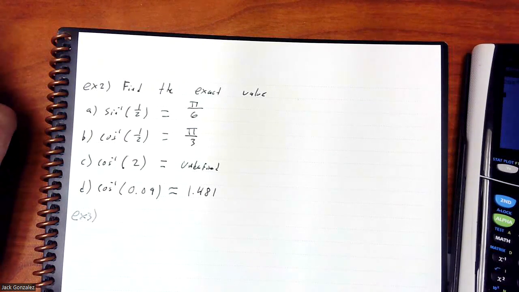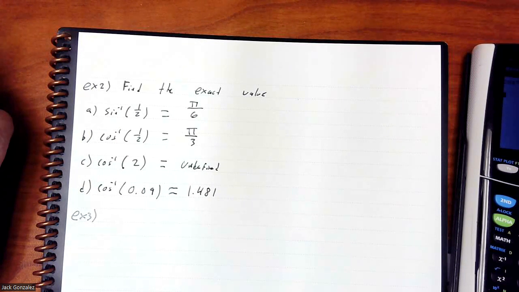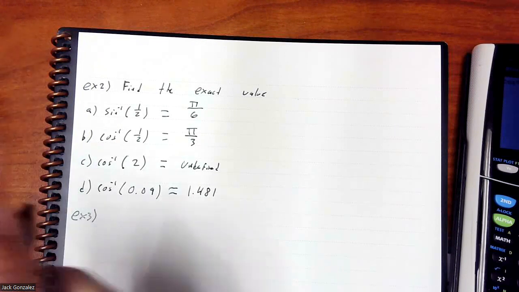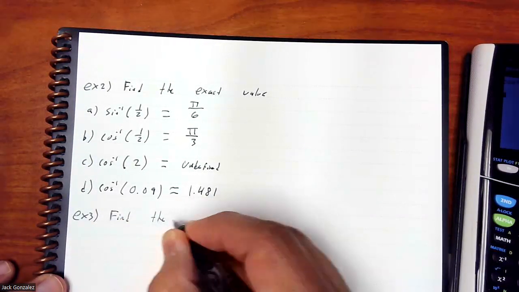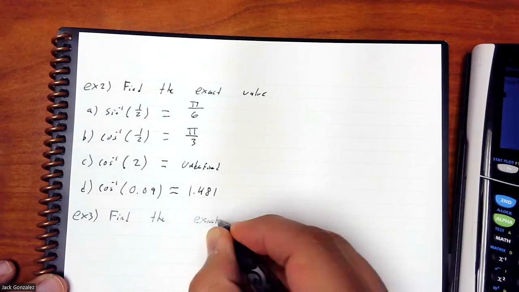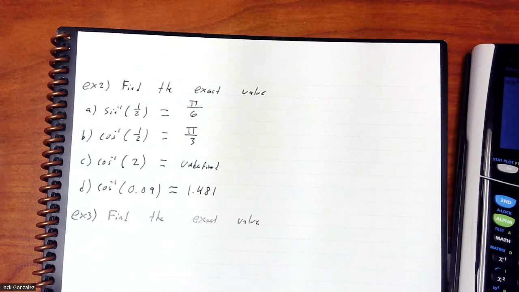We'll do two more examples, and if we have time, we'll do some homework. Find the exact value. Whenever you see that, on an exam or homework, they want you to do it by hand, no calculators.